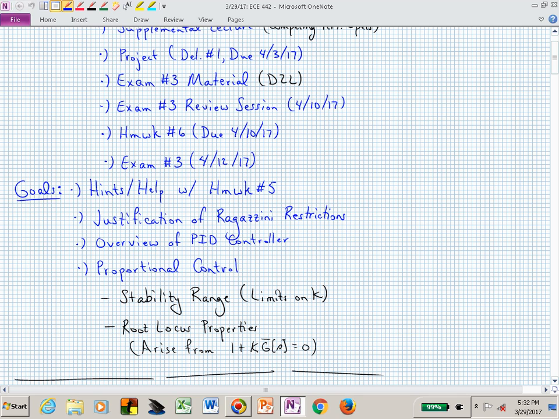We'll then try to finish up the justifications for the 4 restrictions that exist on the Ragazzini design approach. 2 of those restrictions you want to always be using, and that is never, never, never cancel unstable zeros, or zeros outside the unit circle, with your controller. Never, never, never cancel unstable poles. Those are poles outside the unit circle.